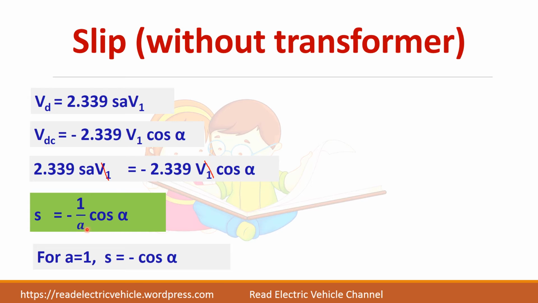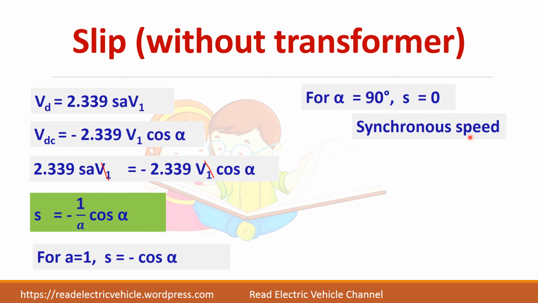Suppose this A is equal to 1. What is A? It is the rotor turns divided by stator turns. So if that is equal to 1, S will be equal to minus cos alpha. So if alpha equals 90 degrees, slip is 0. Slip is 0 means you will get synchronous speed, because slip is ns minus n divided by ns.